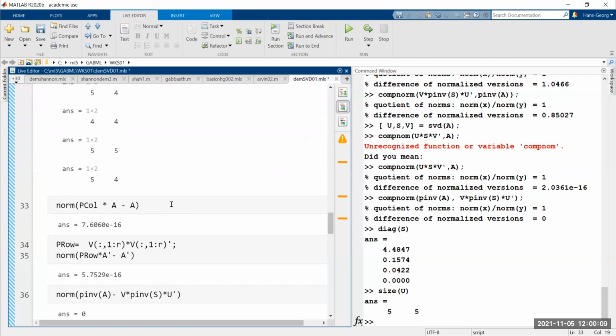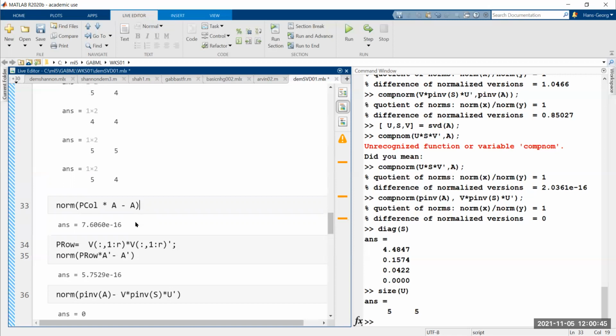Now, what is the best way of checking that an operator leaves a space invariant? You take any generating system, and of course the naive generating system for the column space of the matrix A is all the columns of the matrix A. So if the matrix, which is supposed to be the projection operator on the column space, applied to the collection of columns of A gives the same as the original columns, then we are sure that this operator leaves all the columns and therefore the column space invariant.